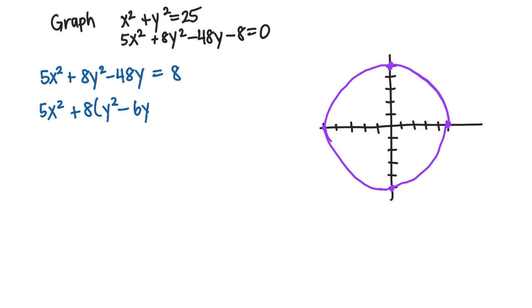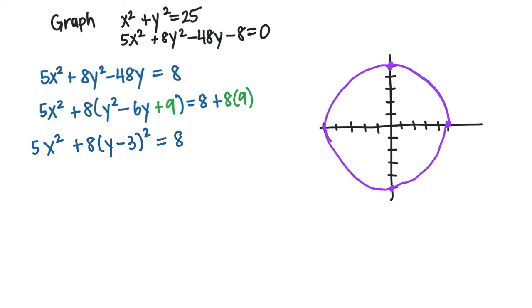So half of 6 is 3, 3 squared is 9. Okay, then when I add it to the other side, don't forget I need to add 9 to balance it, but it's really 8 times 9, which is 72. Plus 8, 80.